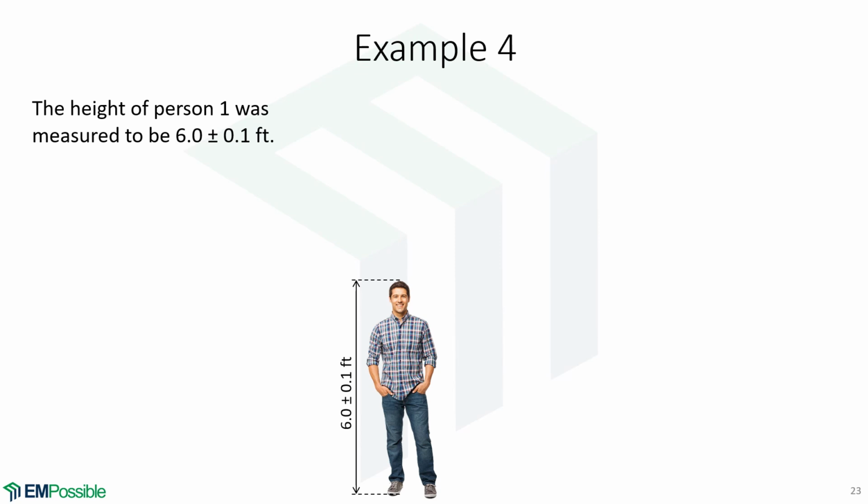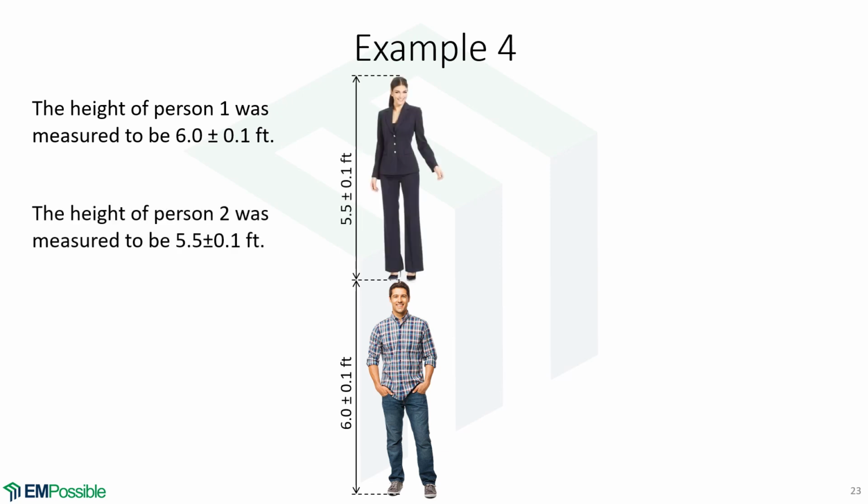Here's another great example. Let's say we have a person and we measured him at 6 feet, plus or minus 0.1 feet. Not such a great measurement system, I guess. Then along comes a lady standing on his head, and we measure her at 5.5 feet tall, plus or minus that same 0.1 feet, probably because we used the same measurement technique, which is not a very good one, evidently, to be off by 0.1 feet.